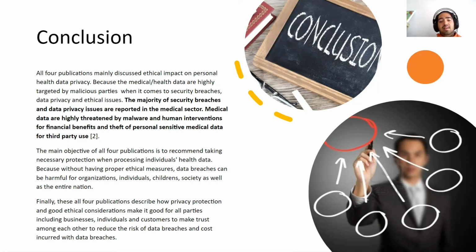So if we do this kind of analysis during the project, it will be good for everyone, and it will build trust among the public as well as the organizations in using proper privacy practices when doing online or data-related things in healthcare or any other discipline.